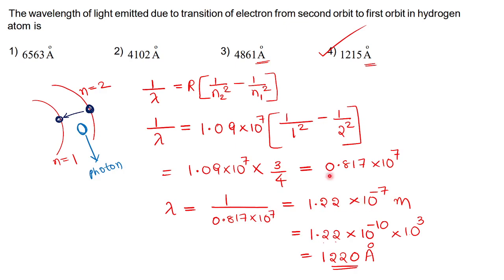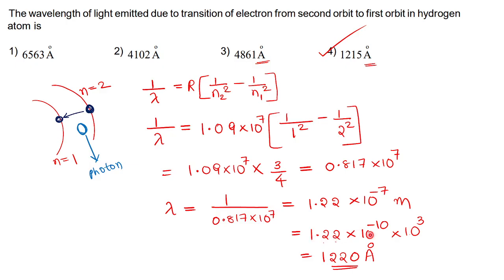This is the answer, but there is no such option. The answer is in terms of angstrom. Angstrom is 10 raised to minus 10. So what we can do, 1.22 into 10 raised to minus 7 can be written as 10 raised to minus 10 into 10 cube.